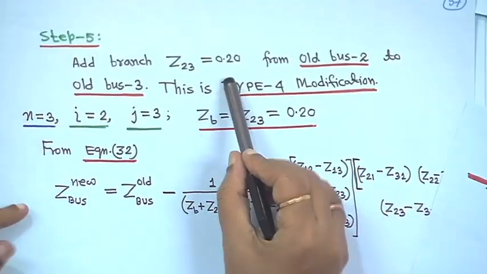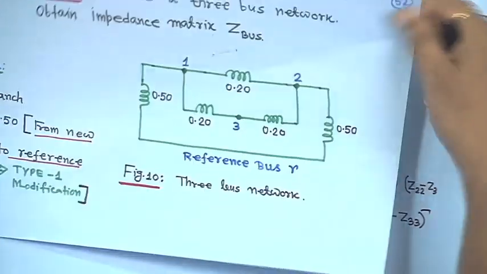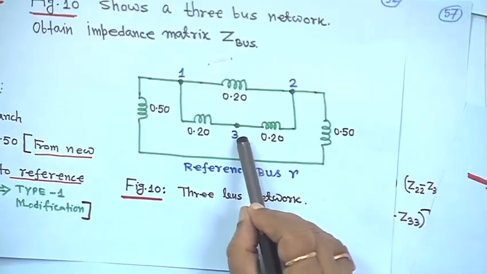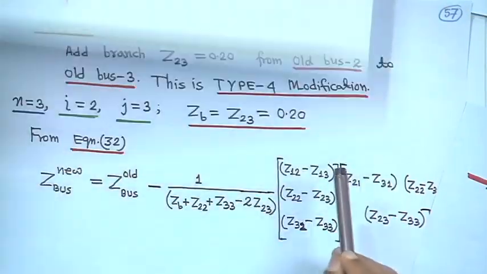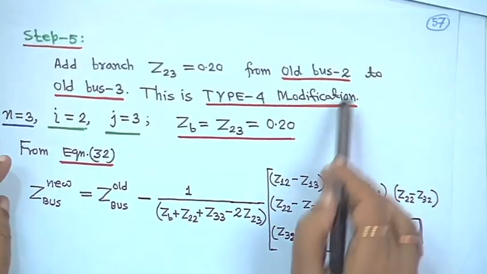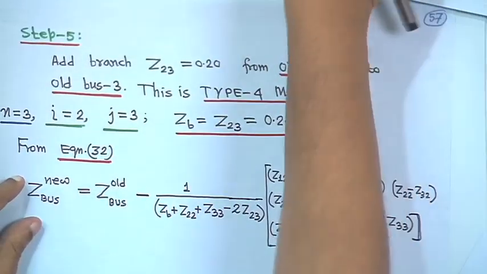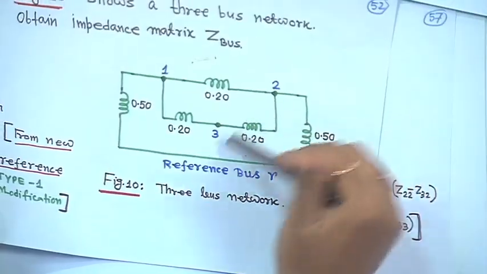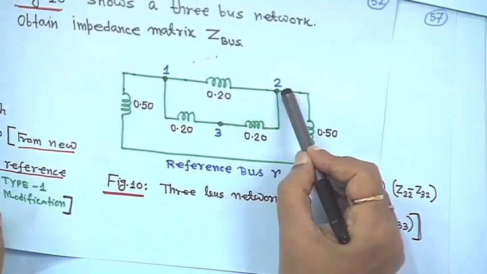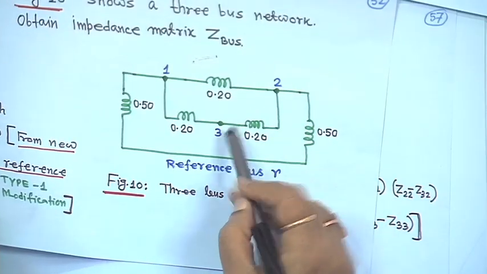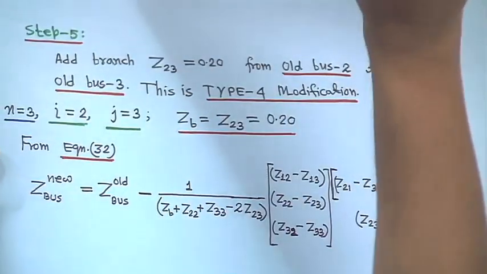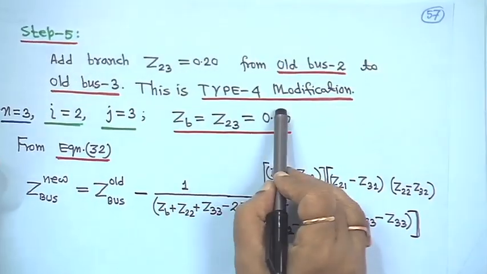So, add branch 2 to 3, that is Z23, that means from 2 to 3 you add. In that case it is from old bus 2 to old bus 3, because bus 2 and 3 we have already considered. These are the old buses, so it is a type 4 modification.